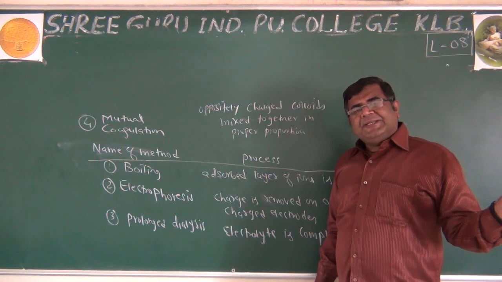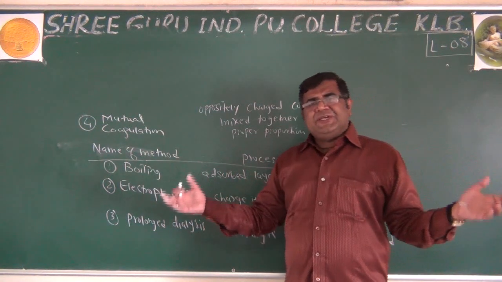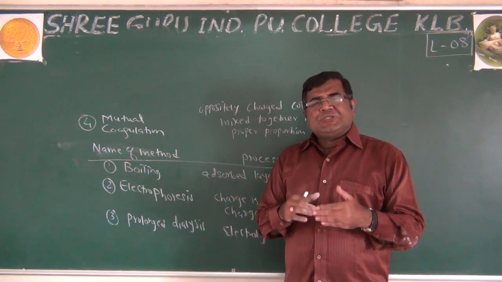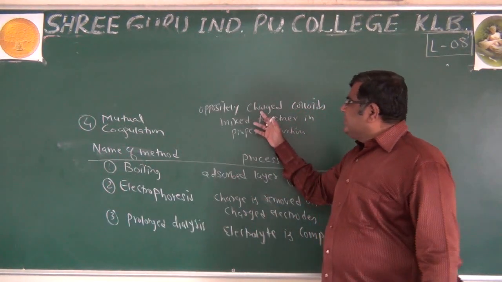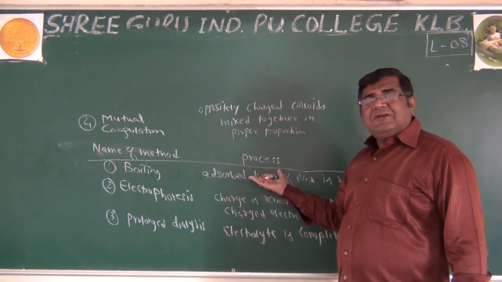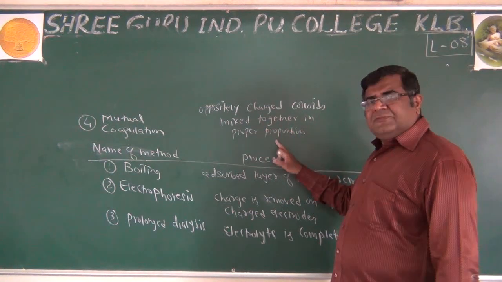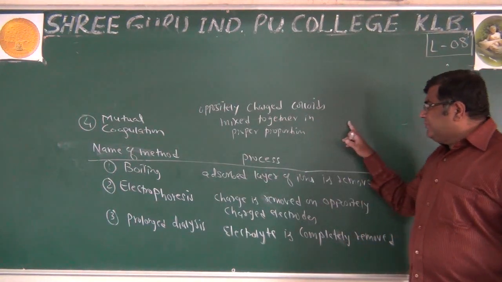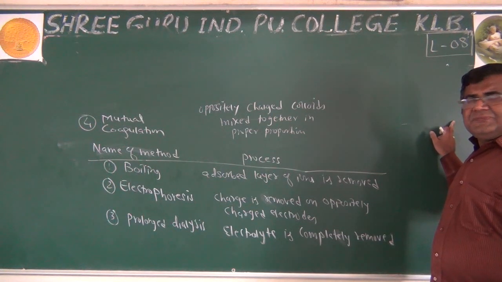One which is dextrorotatory, another which is levorotatory. Their rotation is in different directions, clockwise and anticlockwise. But if we make their equimolar solution, they get compensated. Just like that, with oppositely charged colloids, one positively charged, ferric hydroxide, one negatively charged, arsenic sulfide, mix them together in proper proportion. Then they neutralize one another. The colloidal solution becomes unstable and gets coagulated.